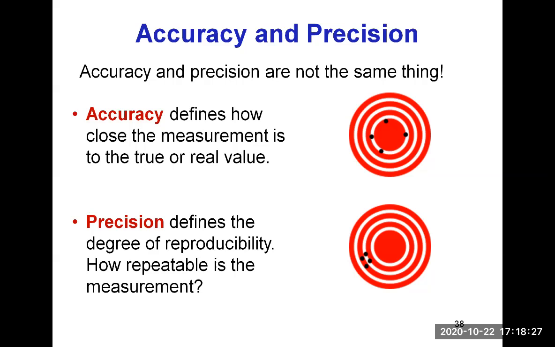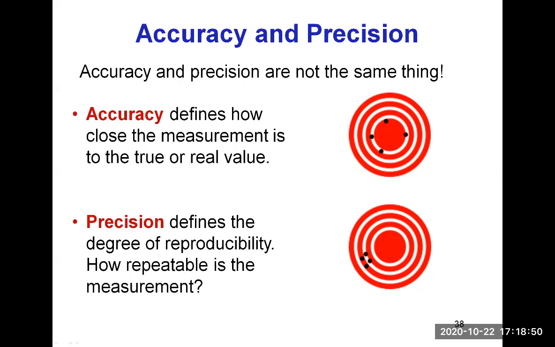And so if we look at the targets there, the first one on top. What can we say about the accuracy and the precision of those shots? There are 4 shots. So what about precision? Precision here is not good because the dots are far apart from each other.